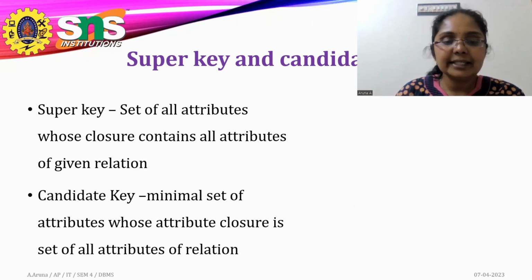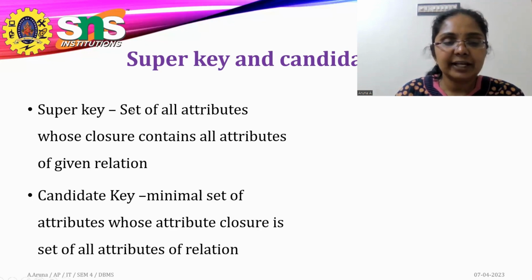It is the minimal set of attributes whose attribute closure is the set of all attributes of the relation. In a relation, we can have n number of super keys and n number of candidate keys. For the primary key, only one key is present inside the relation.